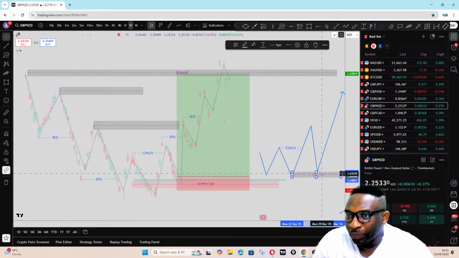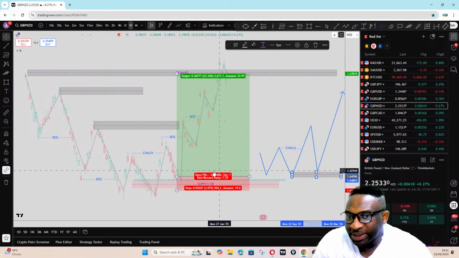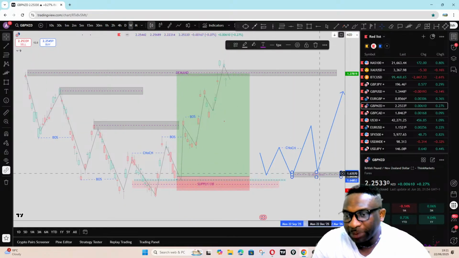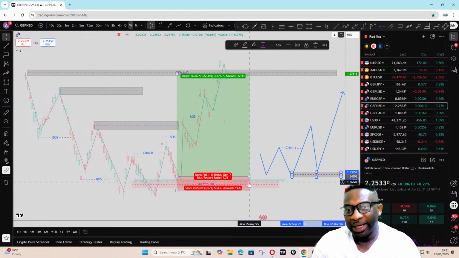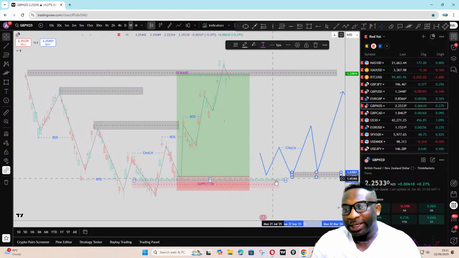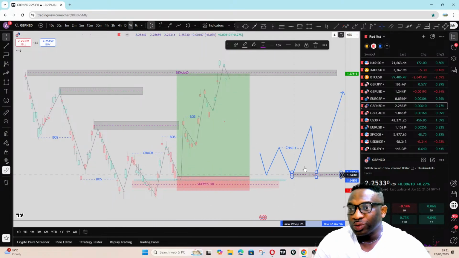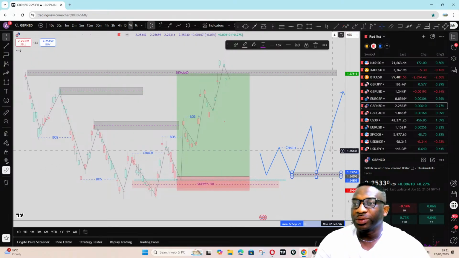Then you target this area for your entry, just as we did on the downtrend. I've just turned it around to illustrate an uptrend situation where you also have to identify a similar thing to take a trade.